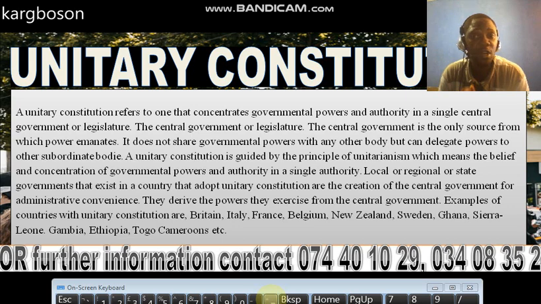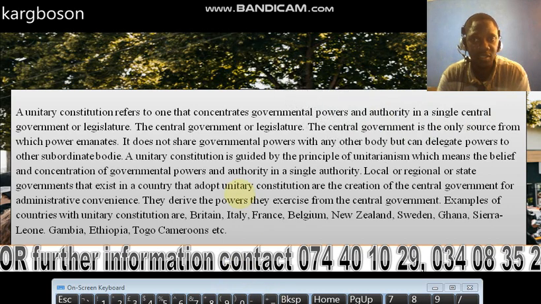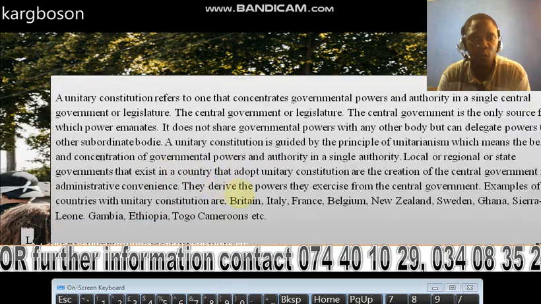The central government does not share powers, but it can delegate powers to subordinate bodies. So this is applicable to countries practicing a unitary state, not a confederal state.